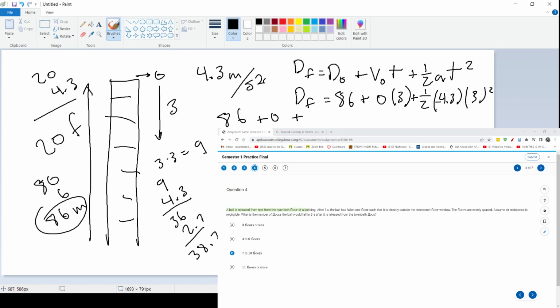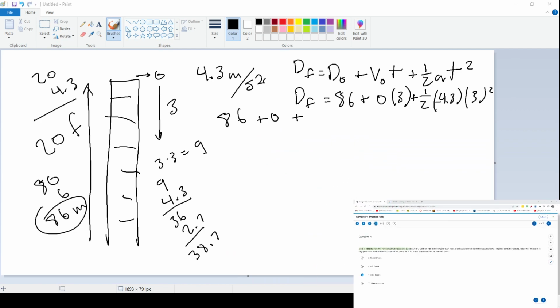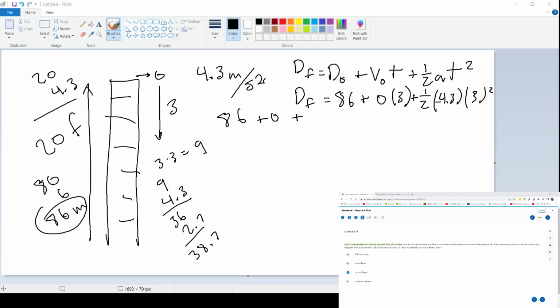That gives 38.7. I'm sorry if I'm writing this sideways. Let me adjust this real quick. Okay, there we go. Also, this drawing tablet's inside my desk at a weird angle. So now we have 38.7.